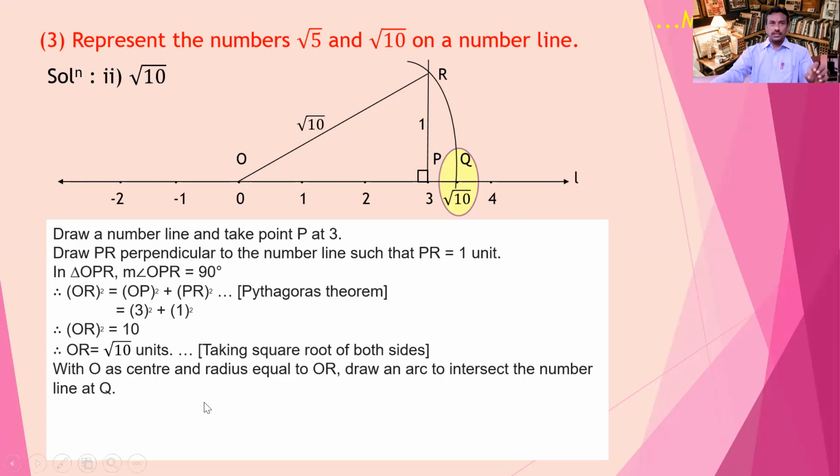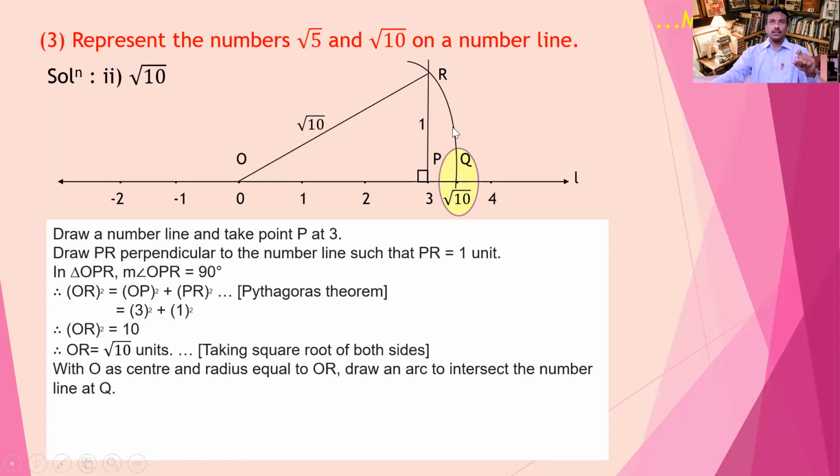Now, with center O, take a compass, put the pointer of your compass on point O and take radius OR. OR is the radius. Take the distance OR in your compass and draw an arc passing through the number line, line L. Like this, RQ is the arc.